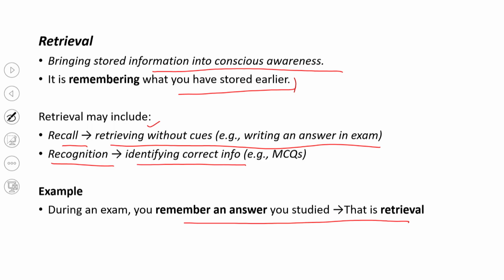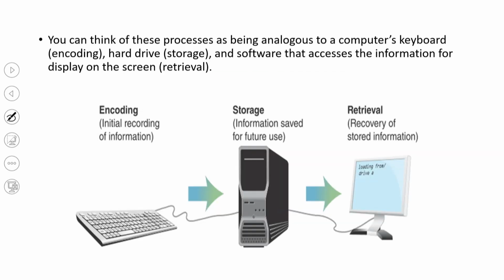So, the memory processes involve these three steps: encoding, storage and retrieval. Whenever we talk about memory in psychology, it includes all these three aspects. We can use the analogy of a computer system to understand these three processes. For example, the keyboard is used to encode information.